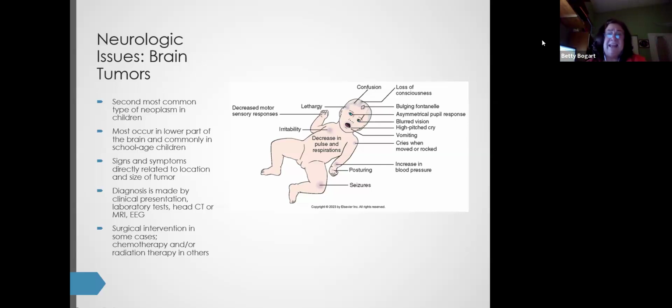And of course, we'll be doing an EEG, electroencephalogram, to see if there's any seizures going on here. Now, sometimes, not all of them, we need to do surgery. A lot of times they'll do radiation or chemotherapy first to shrink the size of the tumor so you don't have to take out too much brain tissue. Okay.